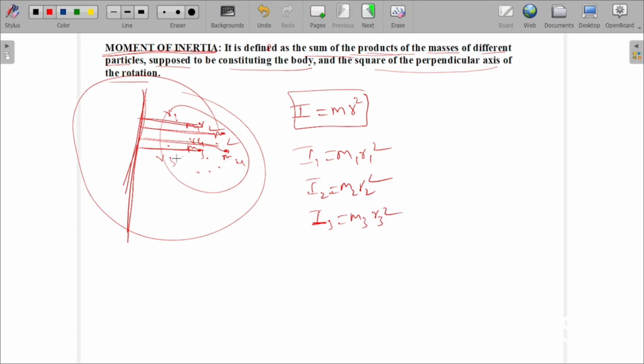If you add all these particles of the object, then the moment of inertia will be the sum of all the masses times the squares of their distances. So this will be called moment of inertia. Clear?